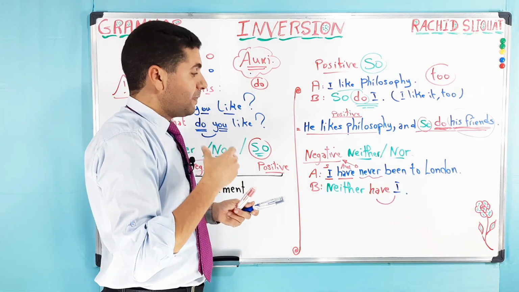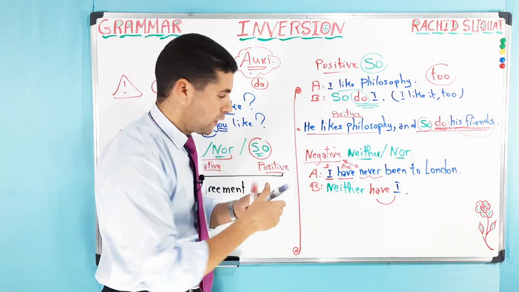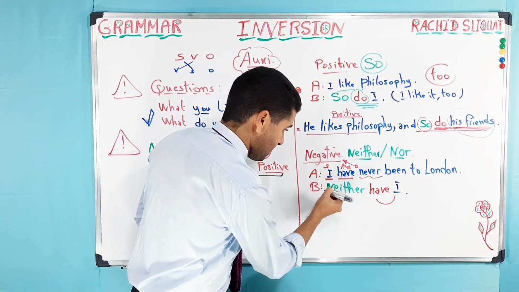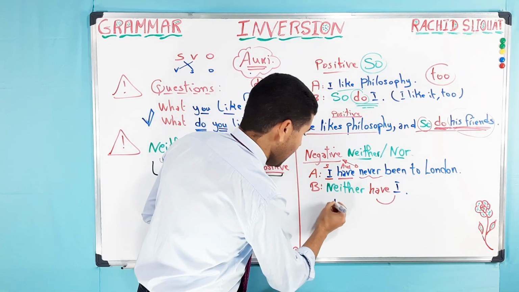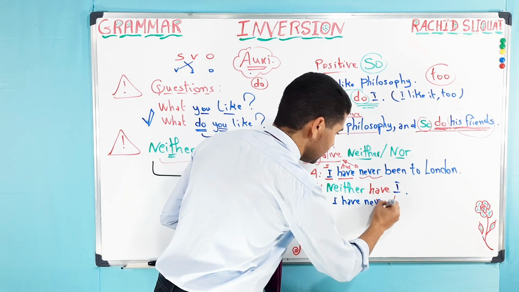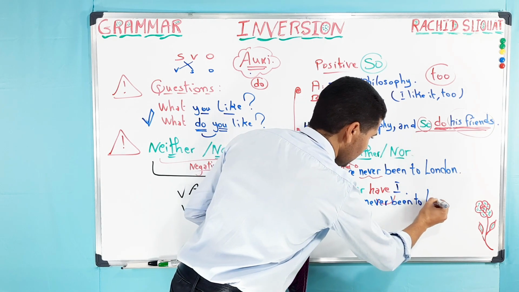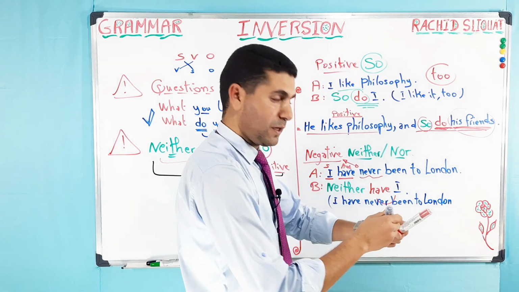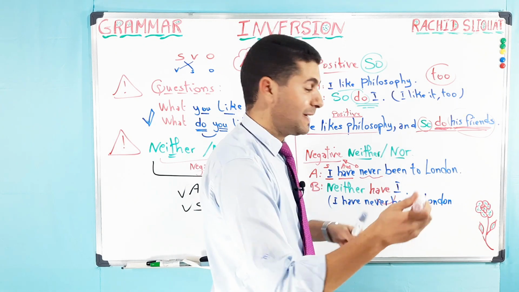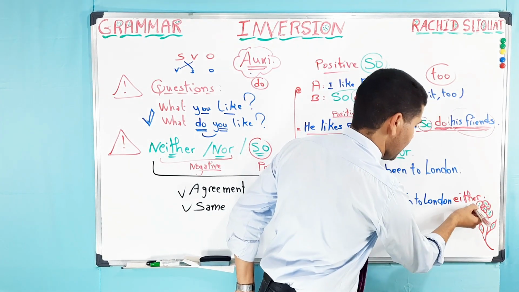Neither have I means, in other words, that B can also say, "I have never been to London either." All right, this is it.